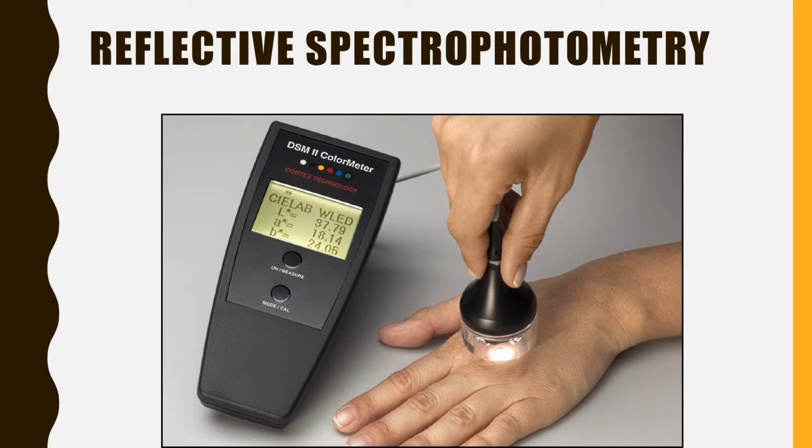So this light that has a specific wavelength is reflected onto the skin, and then the intensity of the light that is reflected off of the skin is what is actually used as a measurement of skin color.